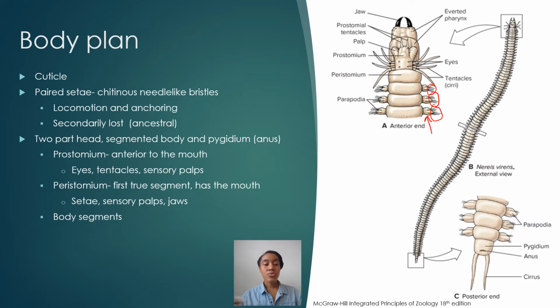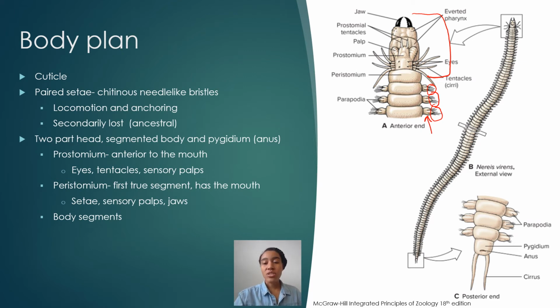We have our prostomium, which is the anterior region before the mouth. This image you can't really see so well because it's looking at the top of the organism, but this area here is the prostomium. Where you see the jaws, the mouth is not right where the jaws are.